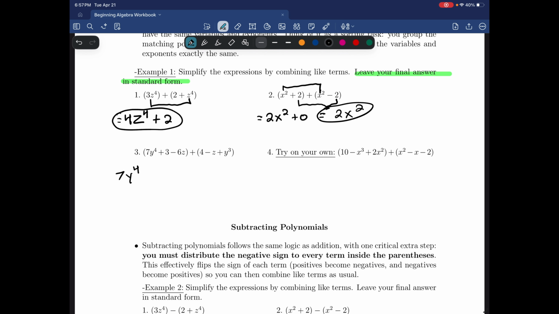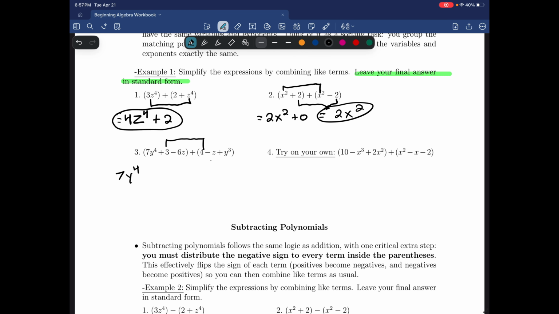Taking a look at the second term, this is just a plus 3, so this is a constant. Let me see if we have another constant over here. We do, we have a 4. Because we have two constants, they're like terms, so we can combine those. For the negative 6z, let's see if there's another linear z term.